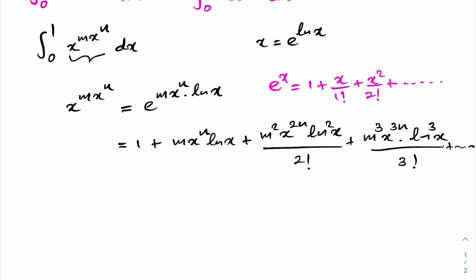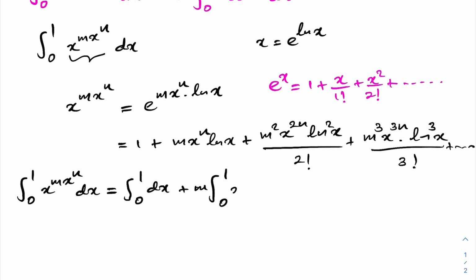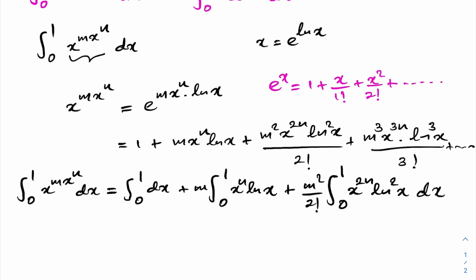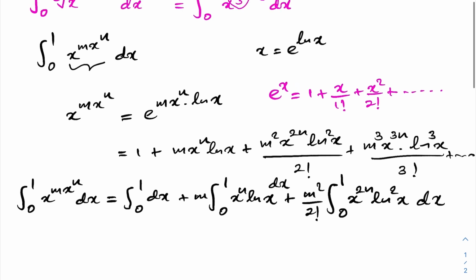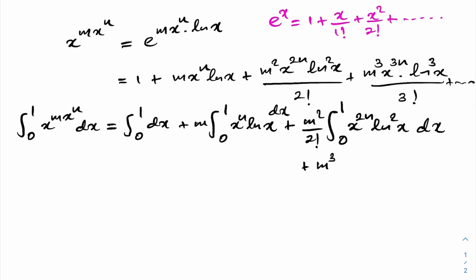So we can write the integral from 0 to 1 of x raised to the m x raised to the n dx is equal to the integral from 0 to 1 of 1 dx, plus m times the integral from 0 to 1 of x to the n times natural log of x dx, plus m squared over 2 factorial times the integral from 0 to 1 of x raised to the 2n times natural log squared of x dx, then again plus m to the 3rd power over 3 factorial times the integral from 0 to 1 of x raised to the 3n times natural log cubed of x dx.